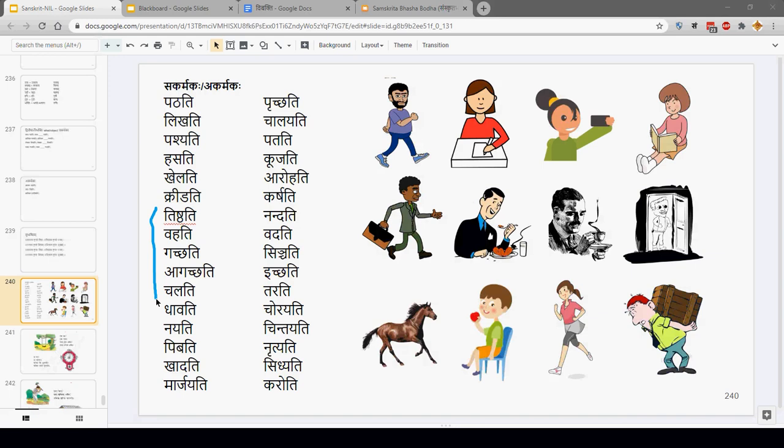What is the meaning of Vahati? Vahati flows. Flows, okay. Next, Gacchati: intransitive. Okay, so I'll stop here. One sec. Gacchati and Agacchati are considered transitive in Sanskritam. Okay.